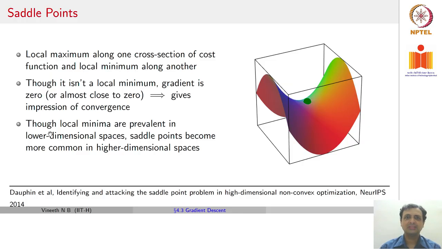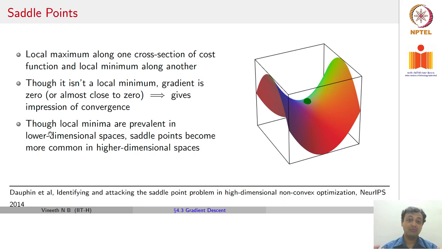Why so? A simple intuition for that is, if the dimension of your error surface, or the dimension of your weights, is say 1 million, let's say you found a critical point. Maybe that critical point is a minimum for 999,999 dimensions or weights, but there could be still that one dimension where it ends up becoming a maximum.